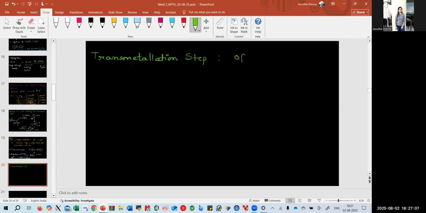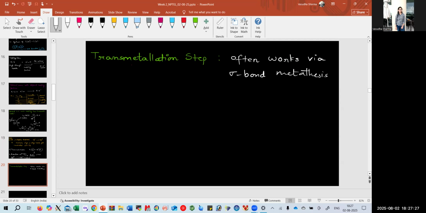This often works via sigma bond metathesis.